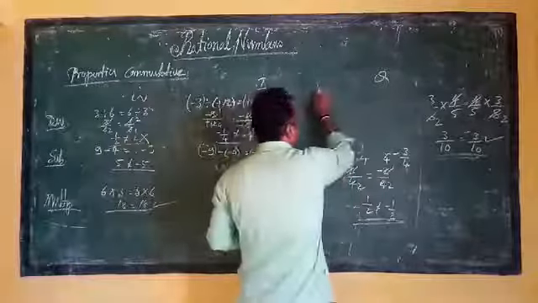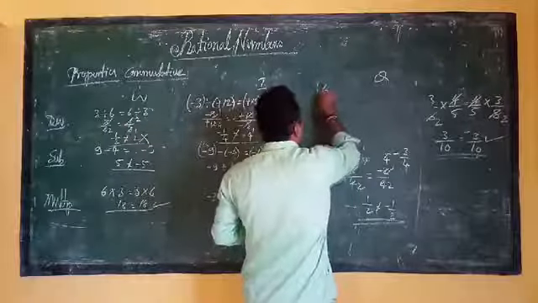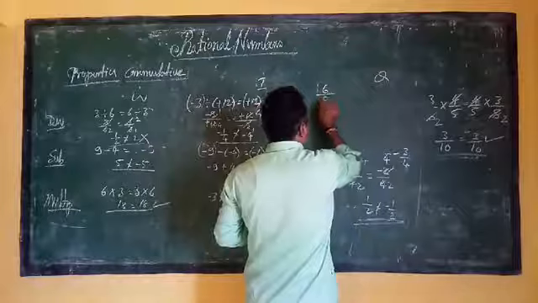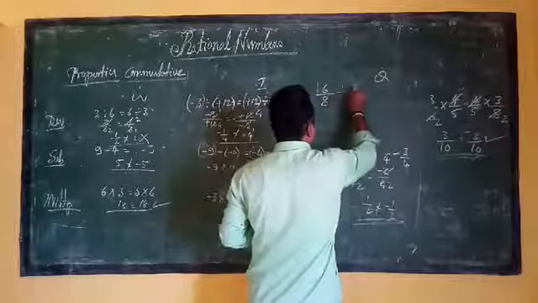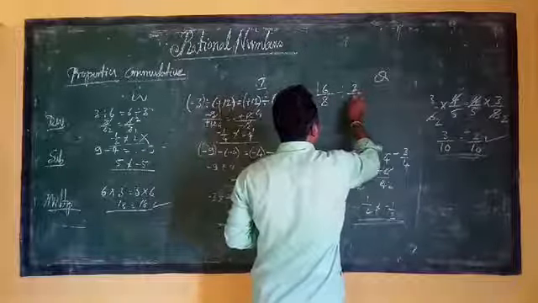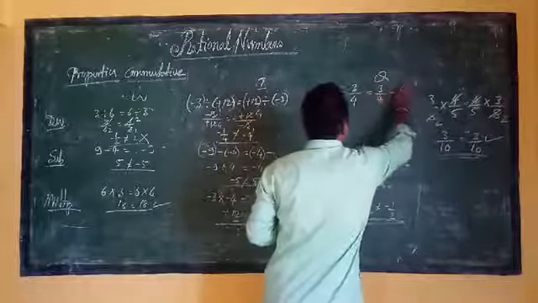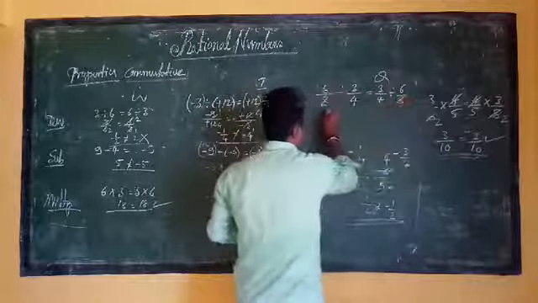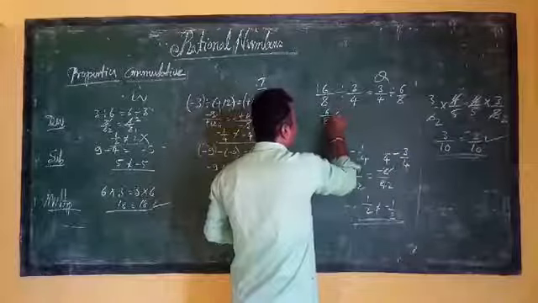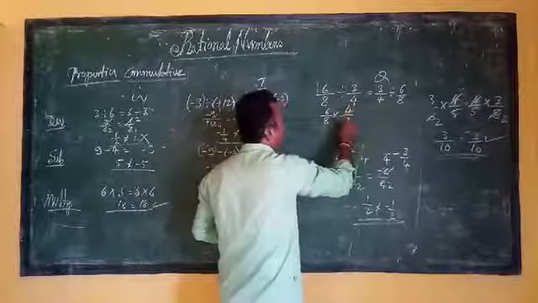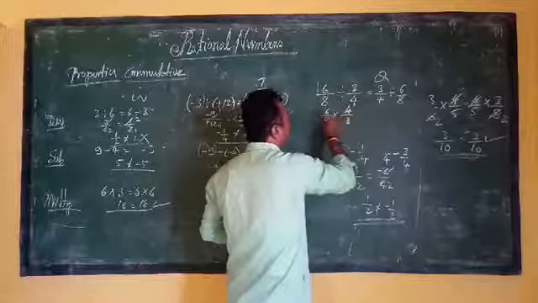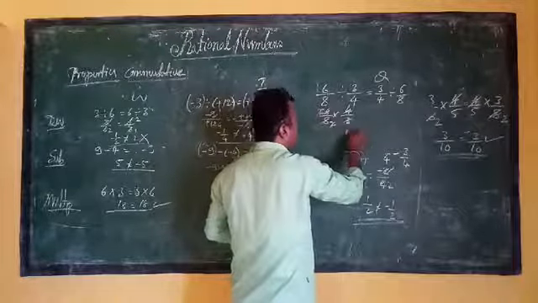Finally, the quotient of rational numbers. 6 by 8 divided by 3 by 4 is compared with 3 by 4 divided by 6 by 8. So 6 by 8 into 4 by 3: 4 ones are 4, 4 twos are 8, 3 ones are 3, 3 twos are 6, the 2s get cancelled, remaining 1.